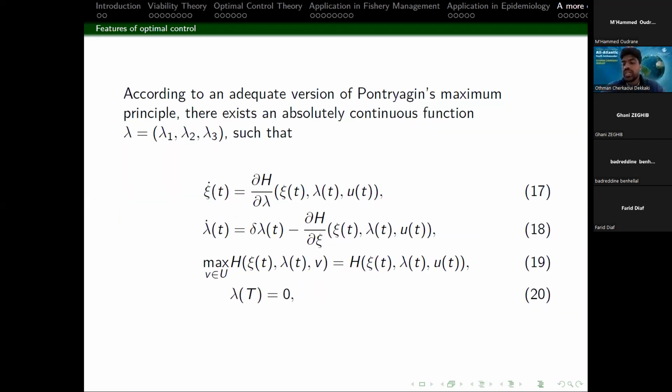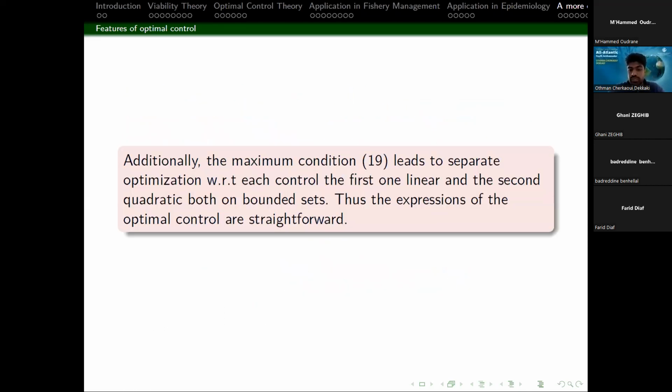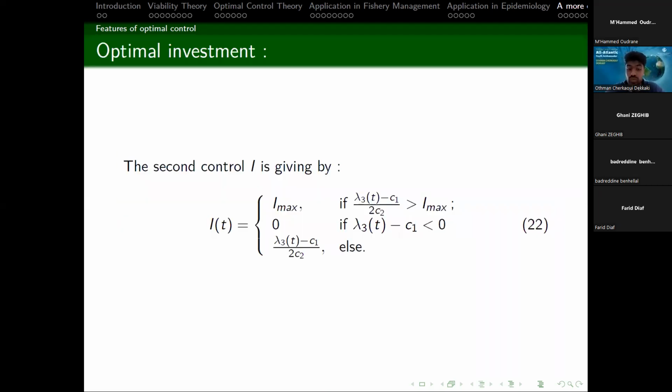So, we're gonna use the maximum principle. According to the maximum principle, 19 leads to separate optimization with respect to each control. The first one is linear and the second one is quadratic on bounded state. Thus, the expression of the control is straightforward.